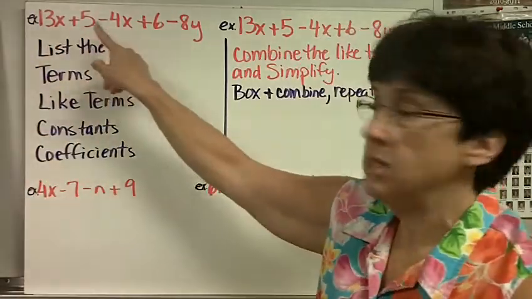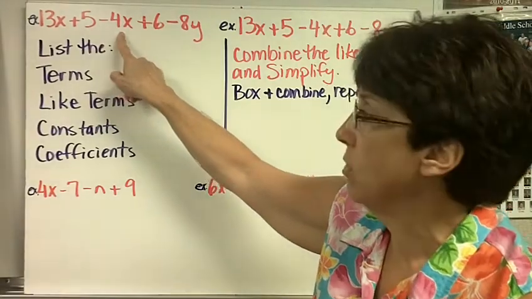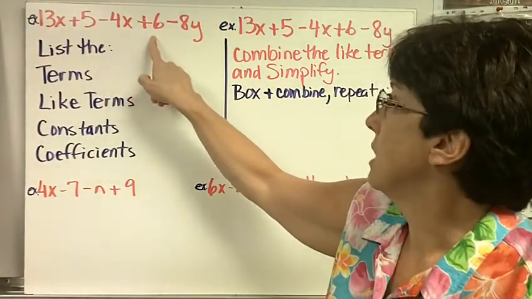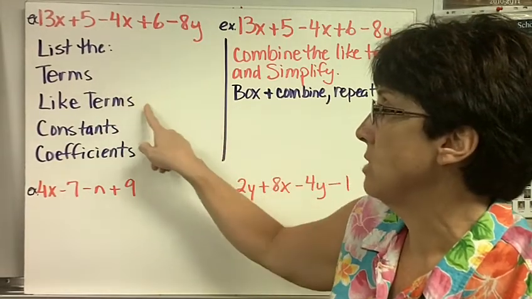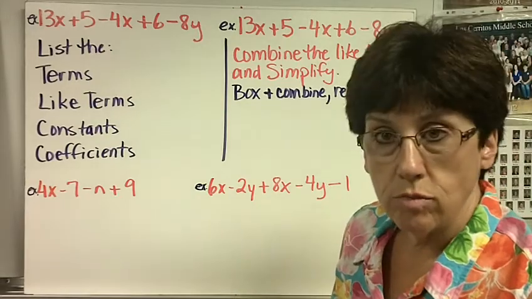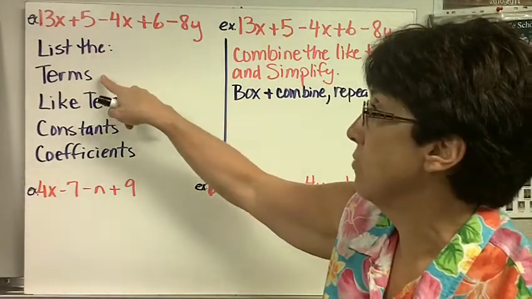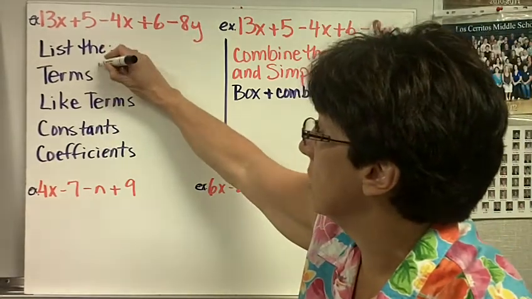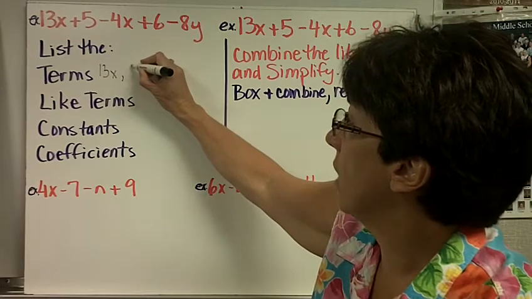All right, here's our same example. 13x plus 5 minus 4x plus 6 minus 8y. We're going to list the terms, like terms, constants, and coefficients. Okay? So the terms always include the sign in front of it. So the terms are going to be 13x, 5.